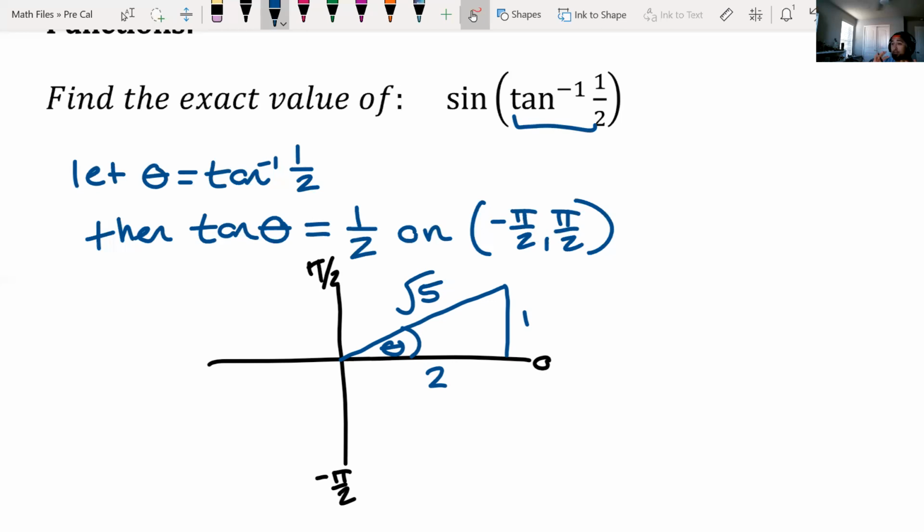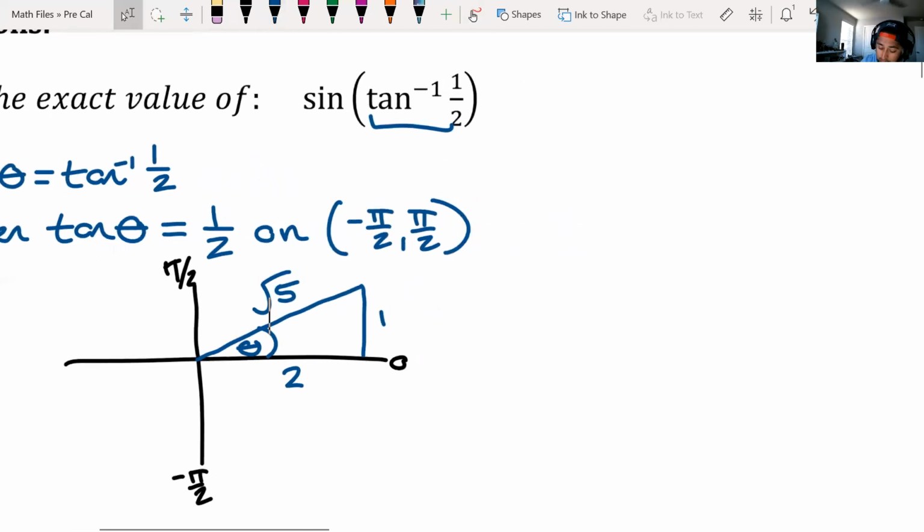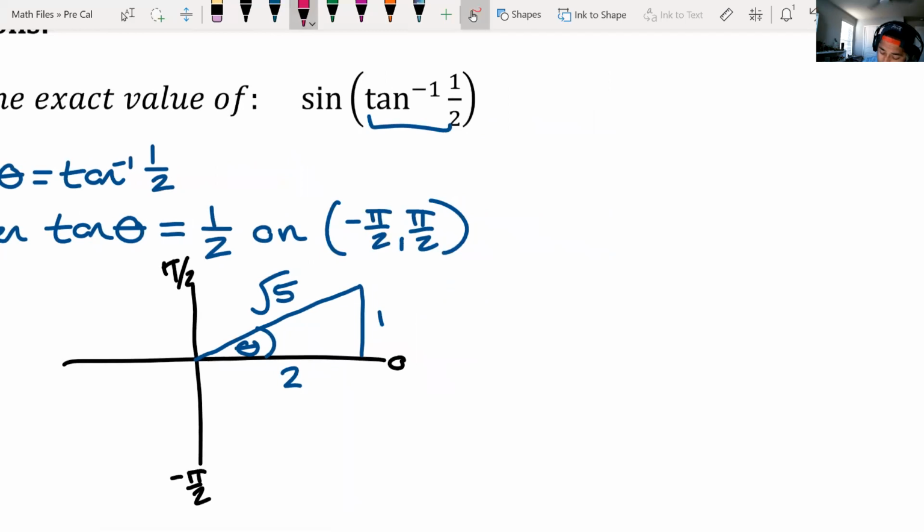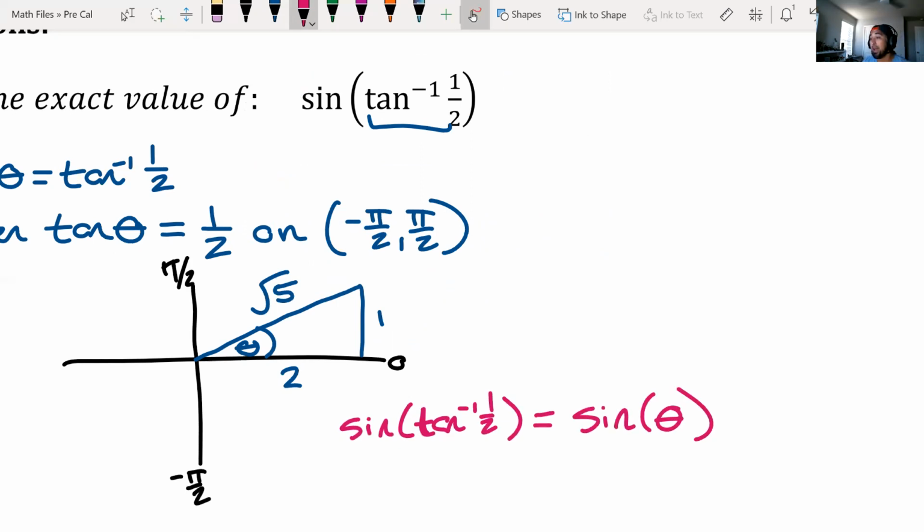So theta is the inverse tangent of 1/2. So this whole triangle belongs to theta, which means we go back to our substitution. So we look back at our substitution, which we made up here, and the sine of the inverse tangent of 1/2 just becomes the sine of theta. And theta contains all this information.